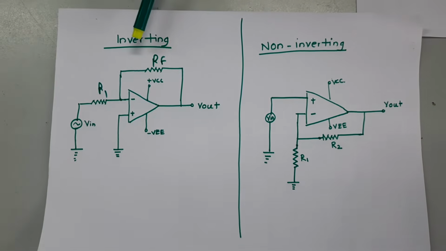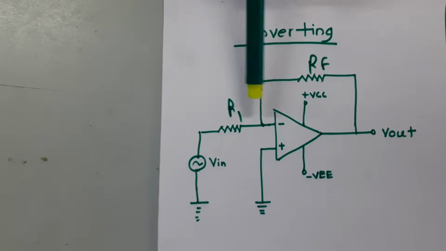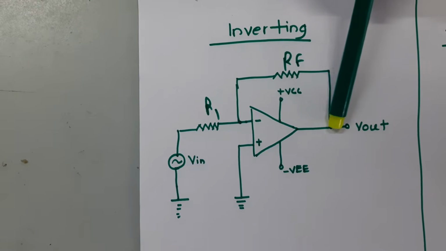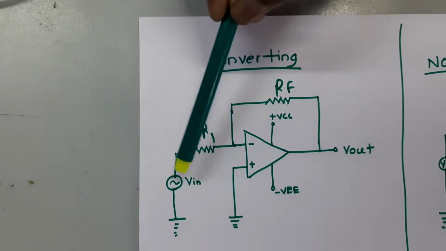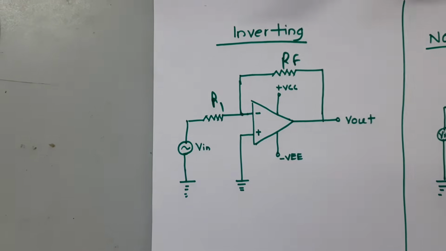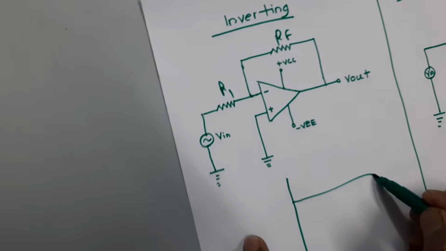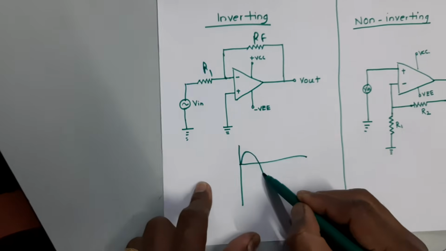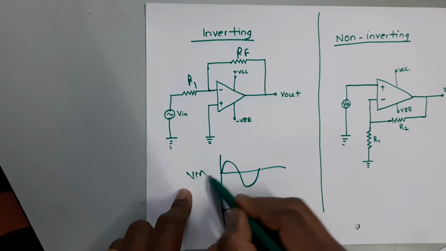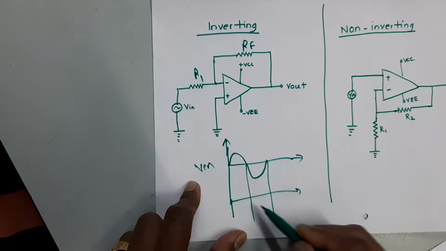I will explain why it is called the inverting terminal. As I said, when we give the voltage at the inverting terminal, we get an inverted output. Here I am giving a sine waveform, so definitely I will get an inverted one. If this is my input waveform, drawn like this, what will be my output waveform?